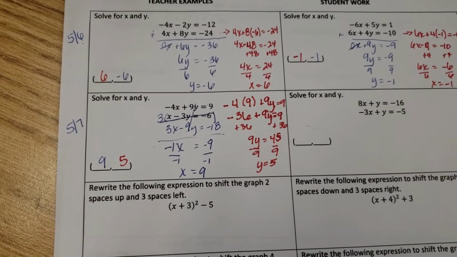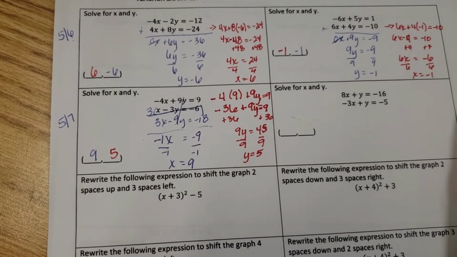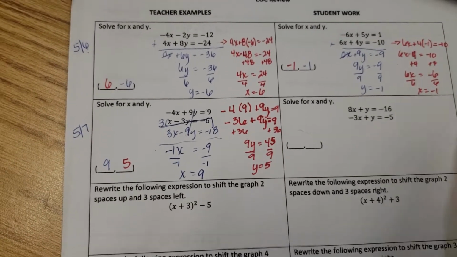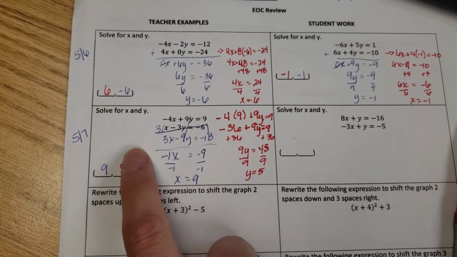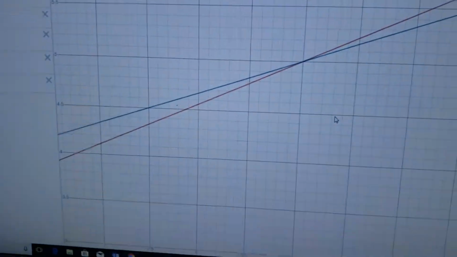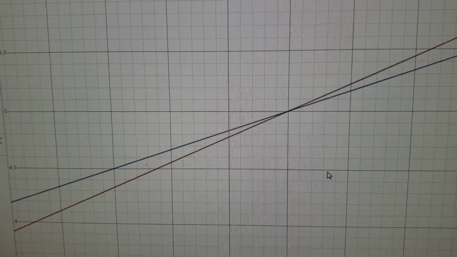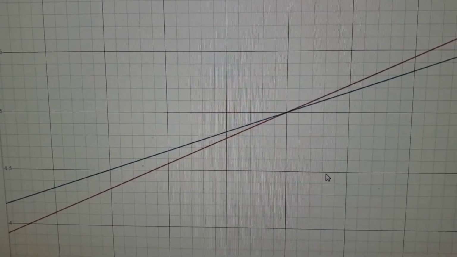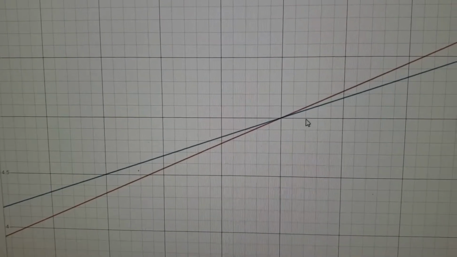So I just want to point out that we said that the intersection, if we graphed these two equations, this would be the point where they intersect. So if you look here, the blue line is the graph of x minus 3y equals negative 6, and the red line is the graph of negative 4x plus 9y equals 9.